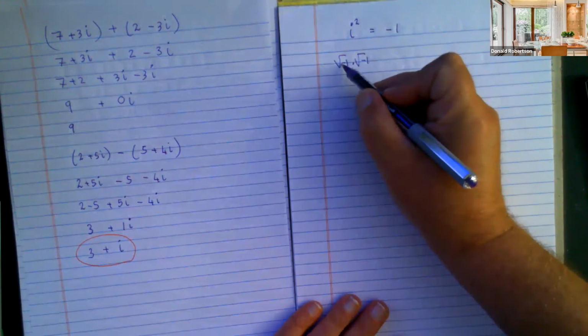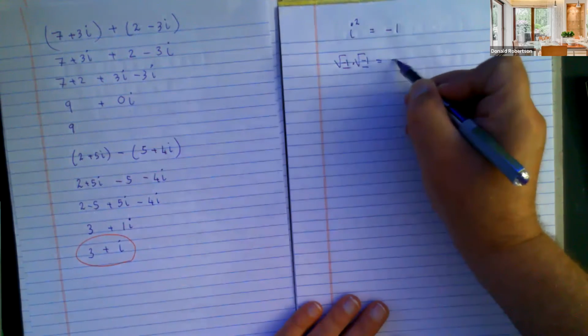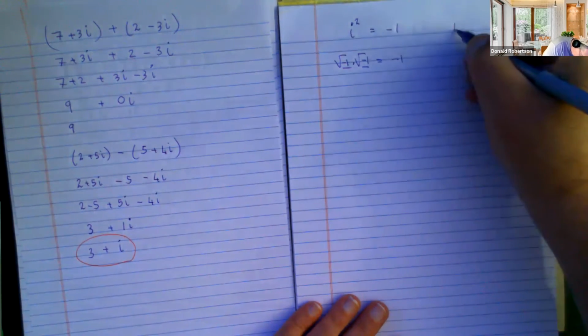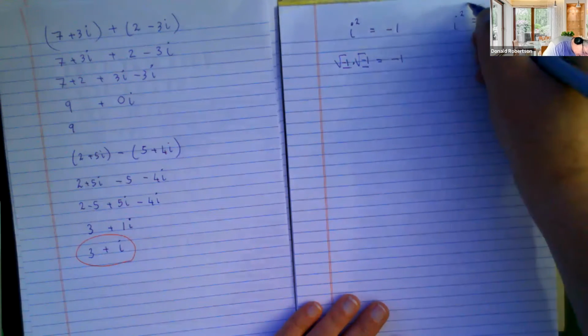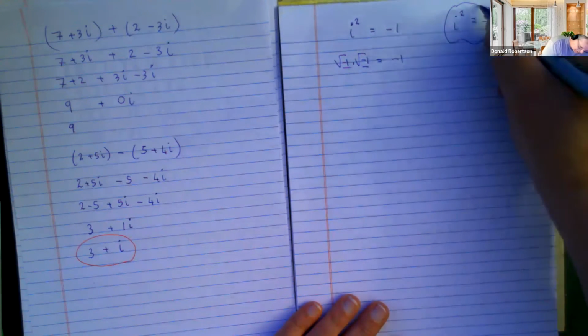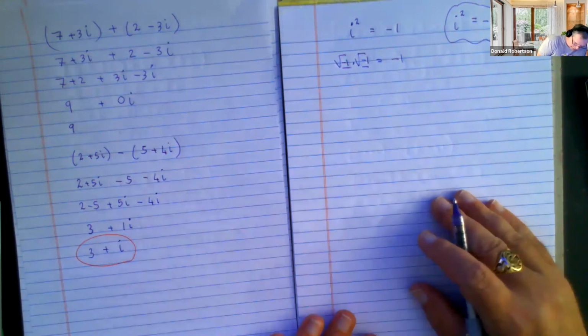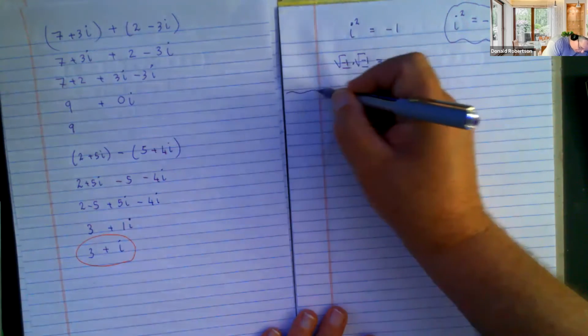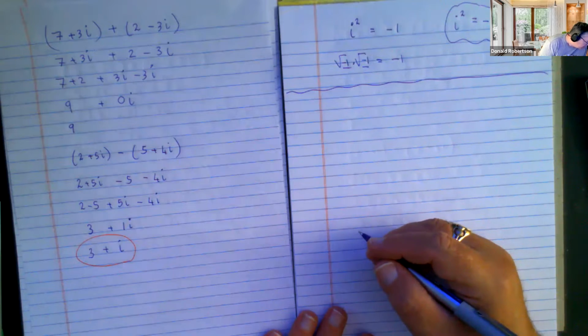And if you multiply a square root by itself, you should get whatever is inside. So you just have to remember that i squared is the number -1. So whenever you see an i squared, you will then replace it by the real number -1. And as long as you keep to that little extra thing, you're normally going to be totally fine.